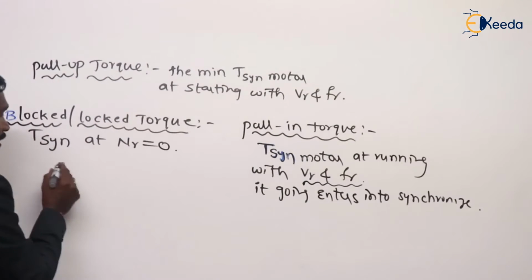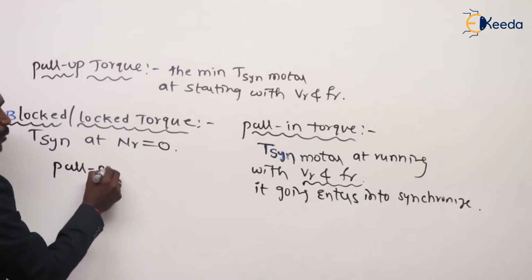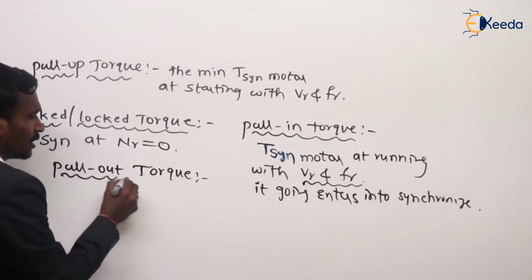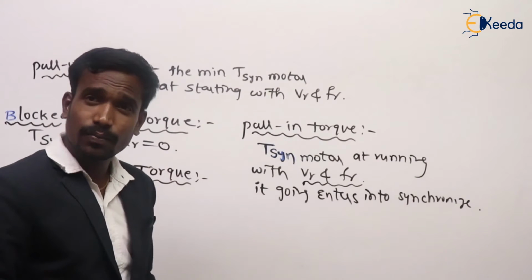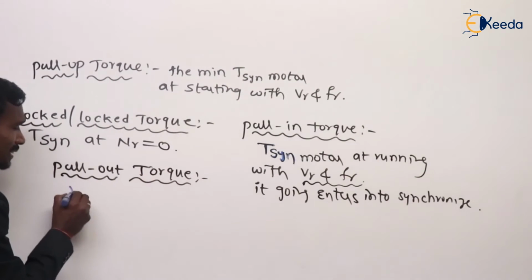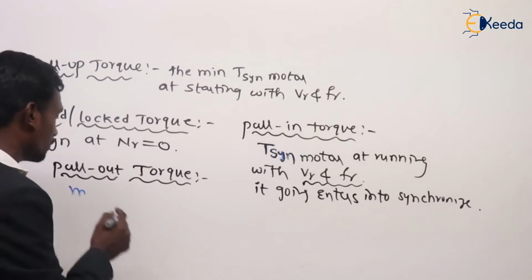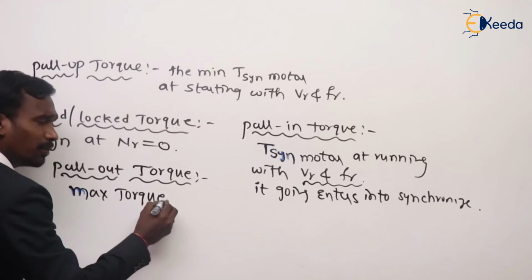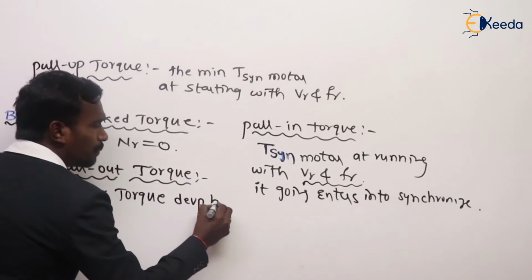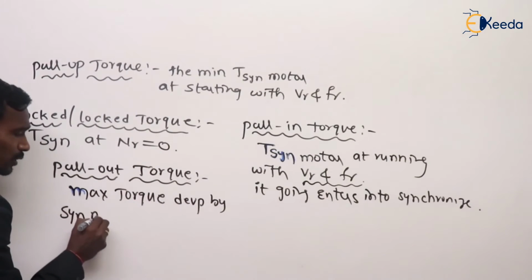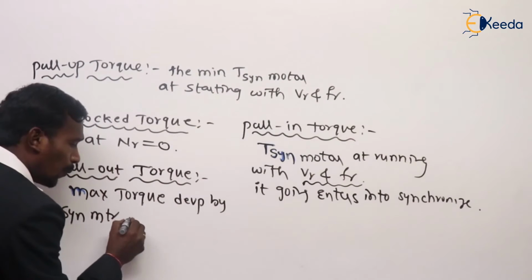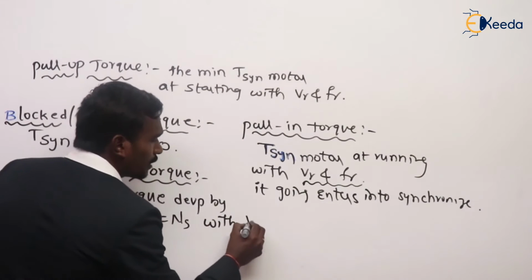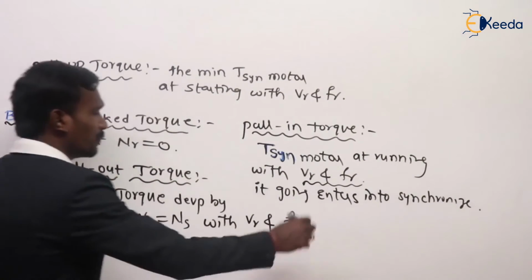Now the next one, pull-out torque. Can you tell me the definition of pull-out torque? This is the maximum torque developed by the synchronous motor when the rotor rotates at synchronous speed with rated voltage and rated frequency.